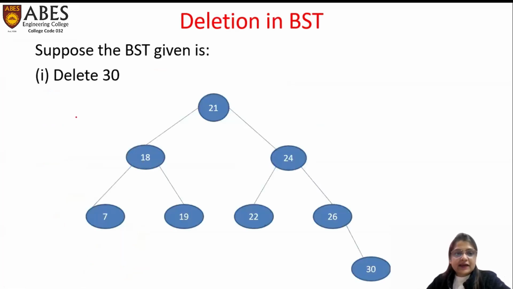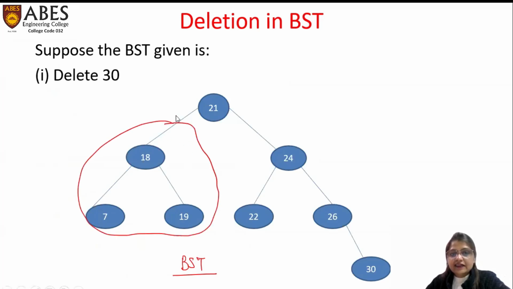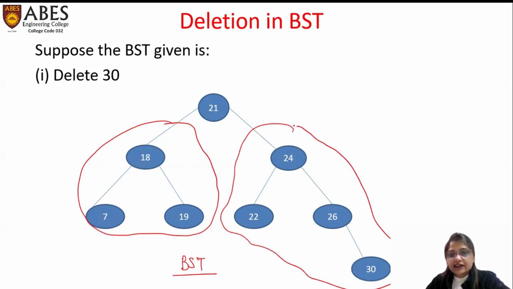Let us consider this example. This is a binary search tree which I have taken as an example. All the nodes to the left will be less than 21 and all the nodes to the right will be greater than 21. This is the property of binary search tree which I have already discussed earlier.